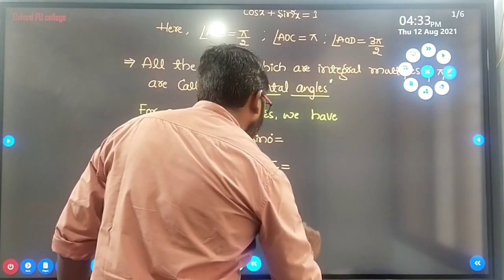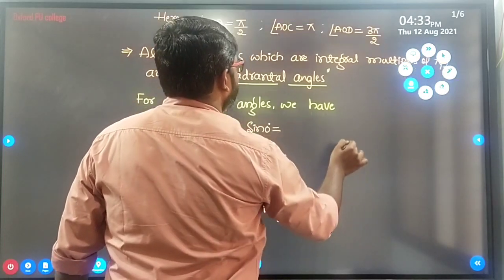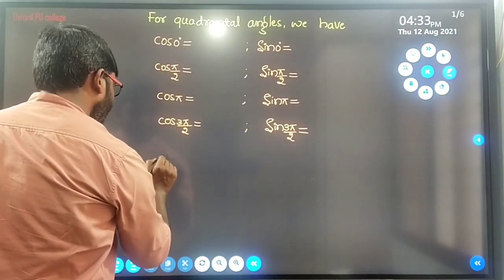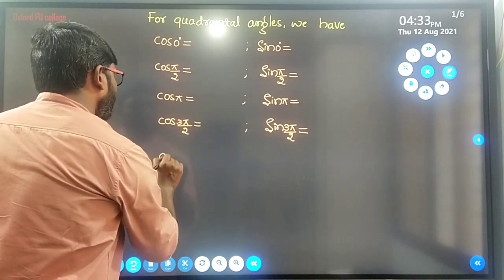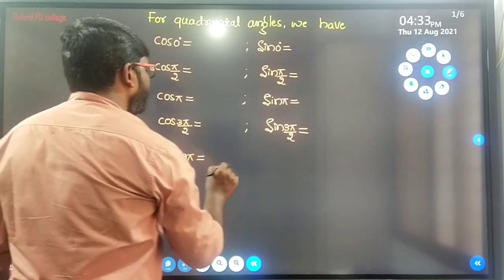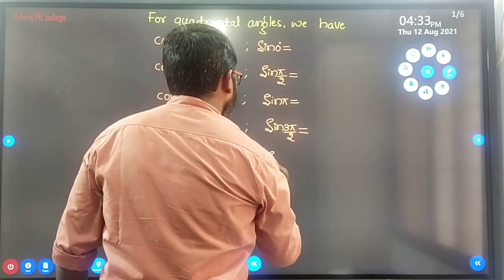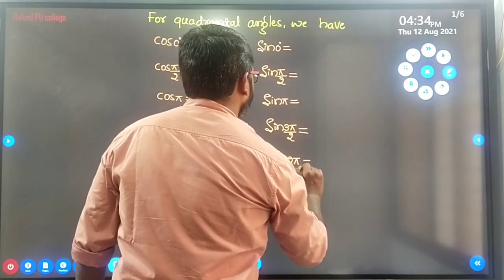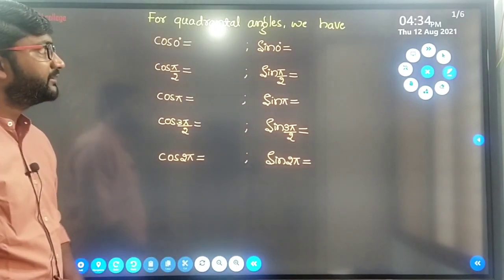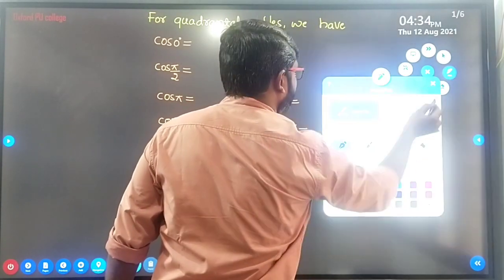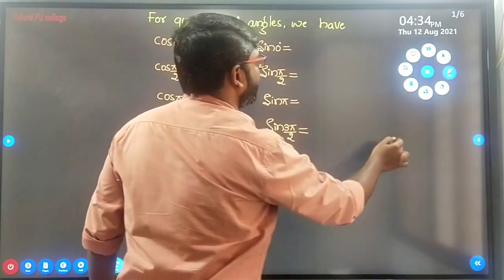The next angle will be 2 pi. So cos 2 pi, and then here we have sin 2 pi. We will have to write the values of all these angles now. What will be those values? So let us go ahead with writing those values.